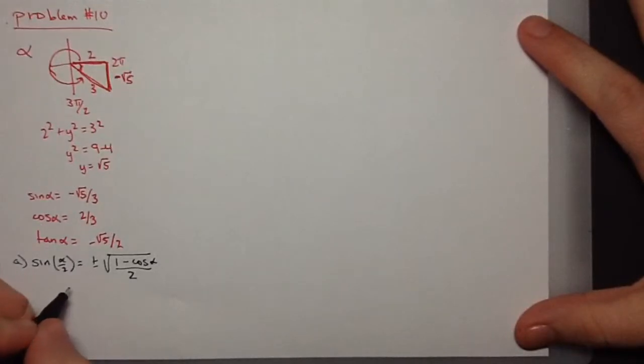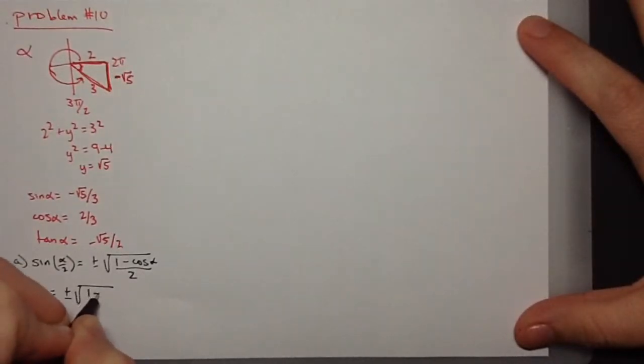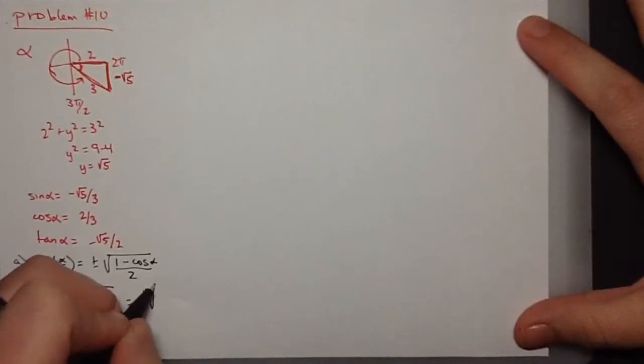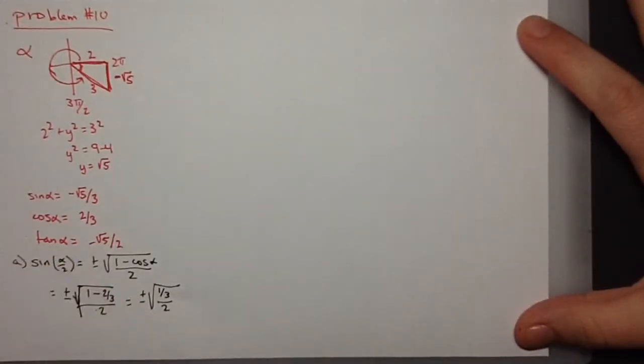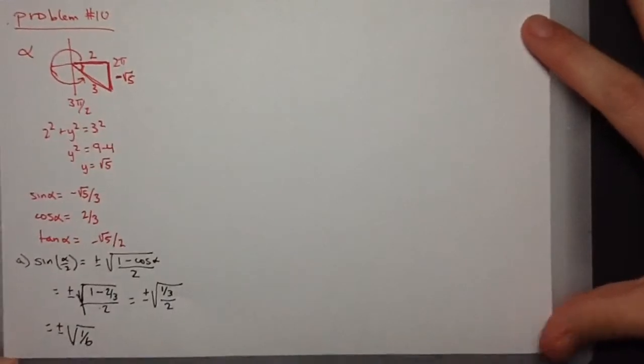And so working this out, we've got plus or minus the square root of 1 minus 2/3 over 2. 1 minus 2/3 is 1/3. If you cut that in half, this is plus or minus the square root of 1/6.